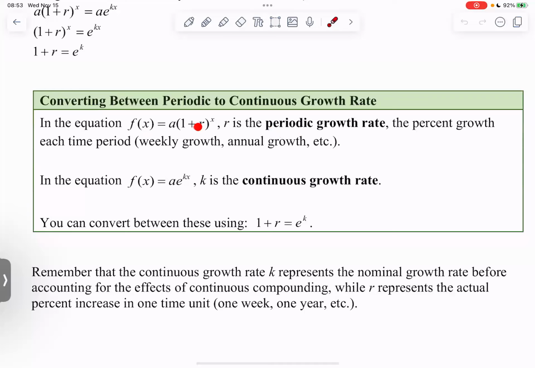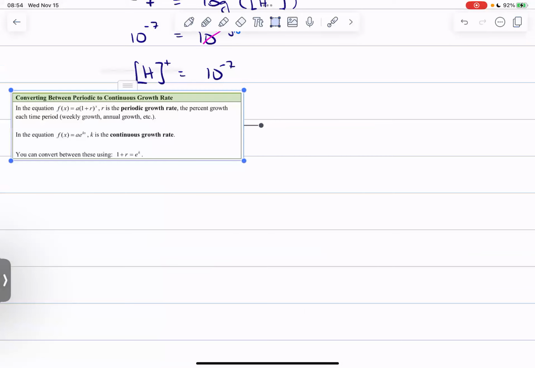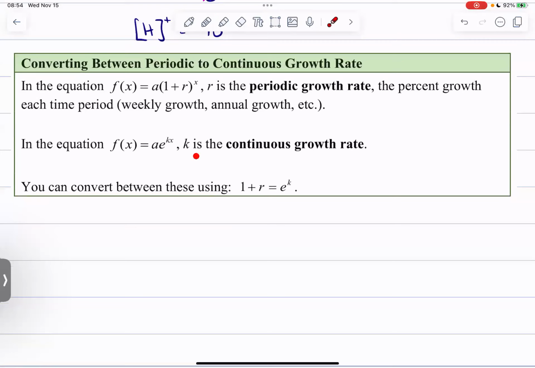I've replaced 1 plus r with e to the power of k, right? So you can move between continuous growth rates, which look like this, and periodic growth rates, 7% per year, that kind of thing. Whereas 7% continuously would be the wording.